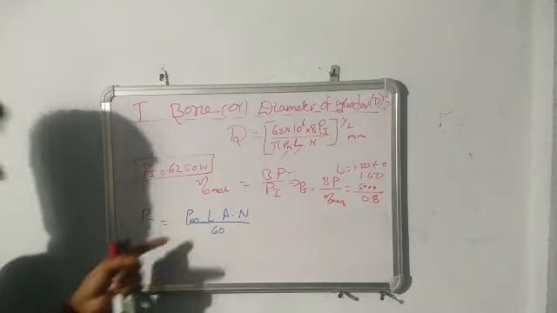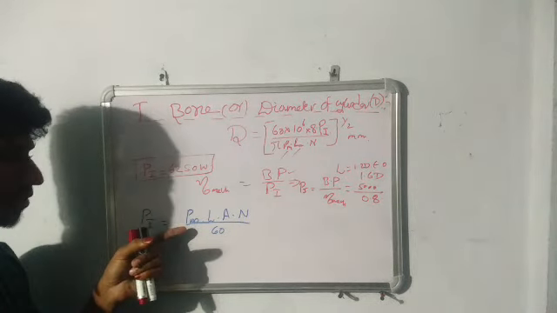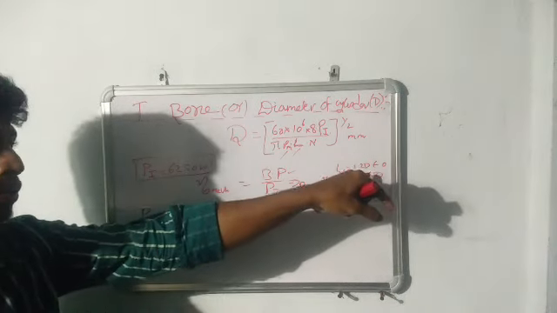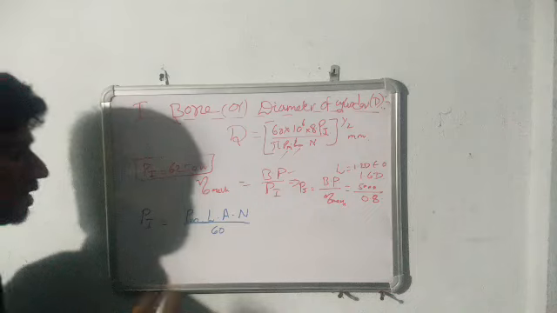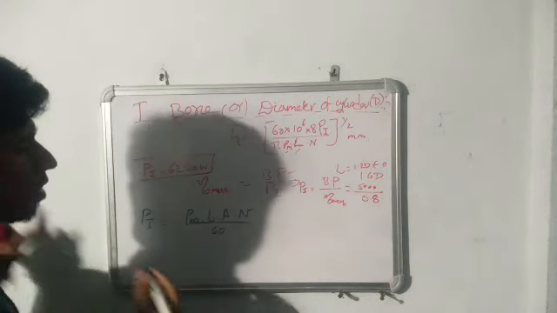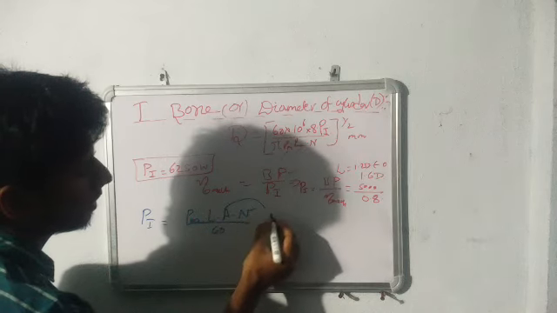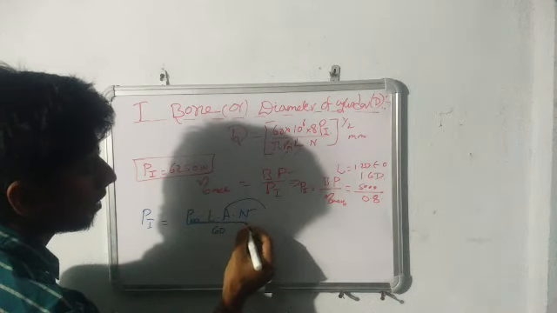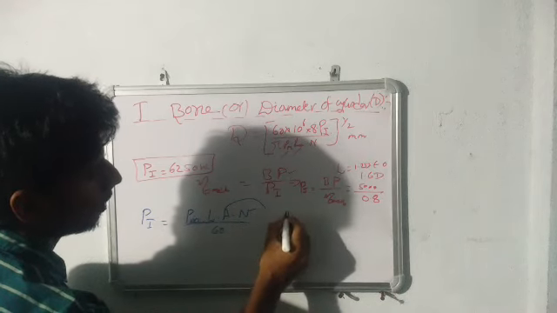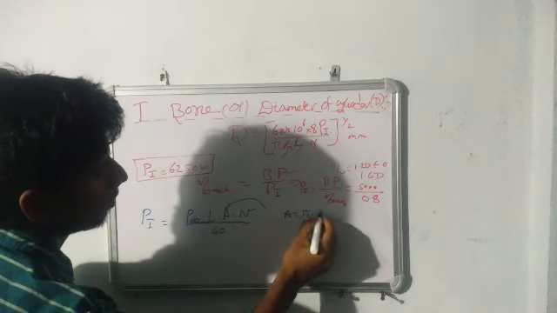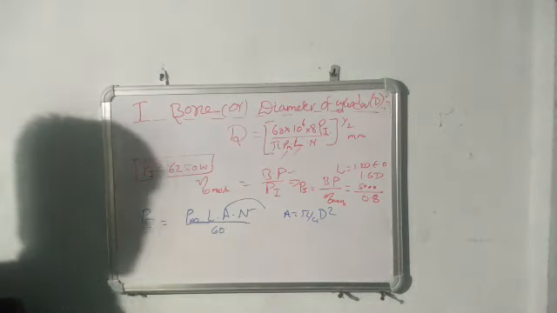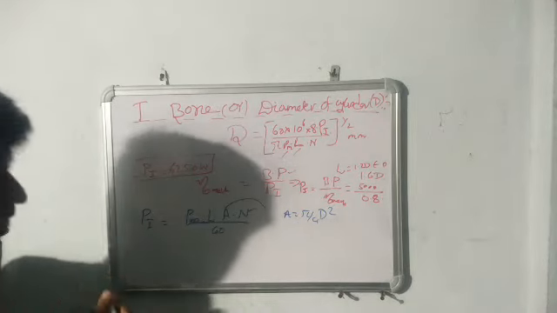Here we know P_m, which is given in the data. L is the length of the stroke, equal to 1.2 times d to 1.6 times d, and N is the speed of the engine or crank. A is the area of the cylinder, equal to π by 4 d squared. By substituting all these terms, we get the diameter of the cylinder.